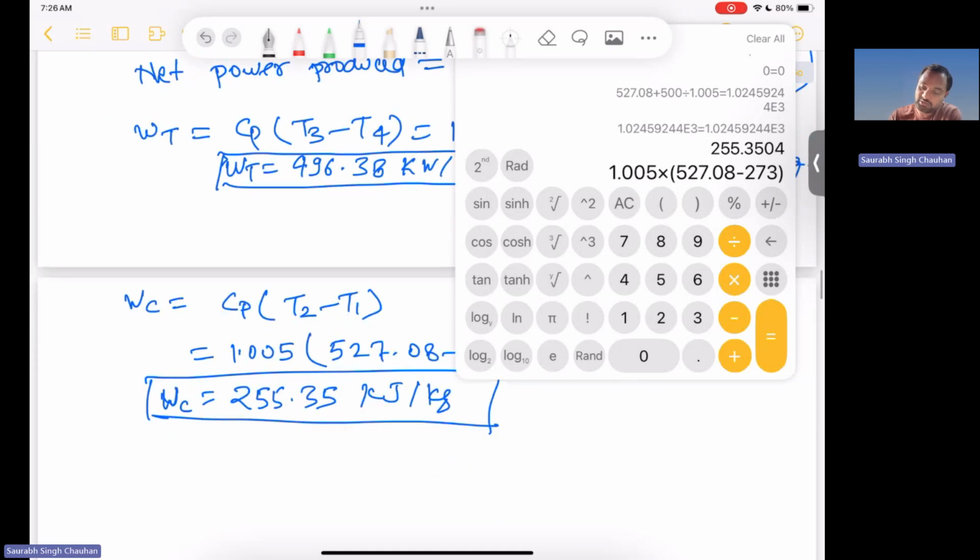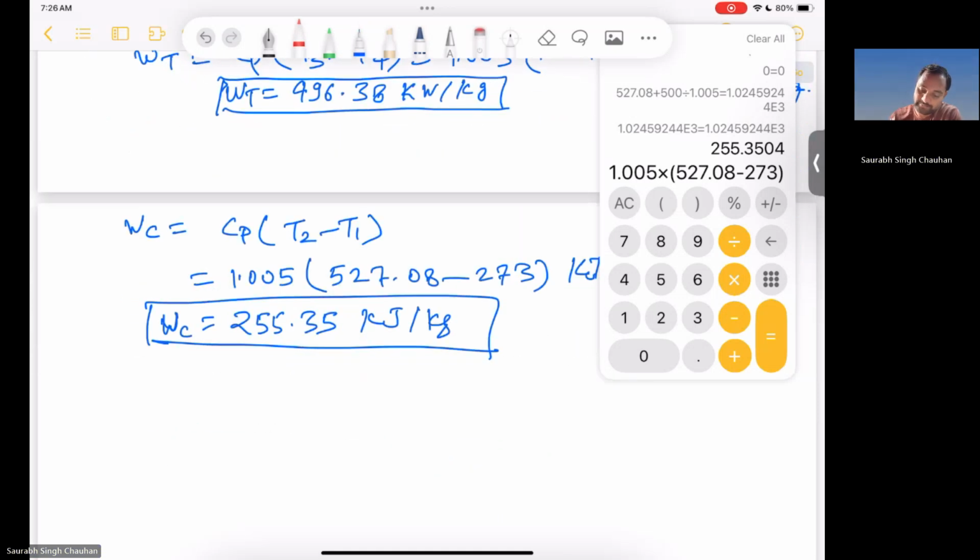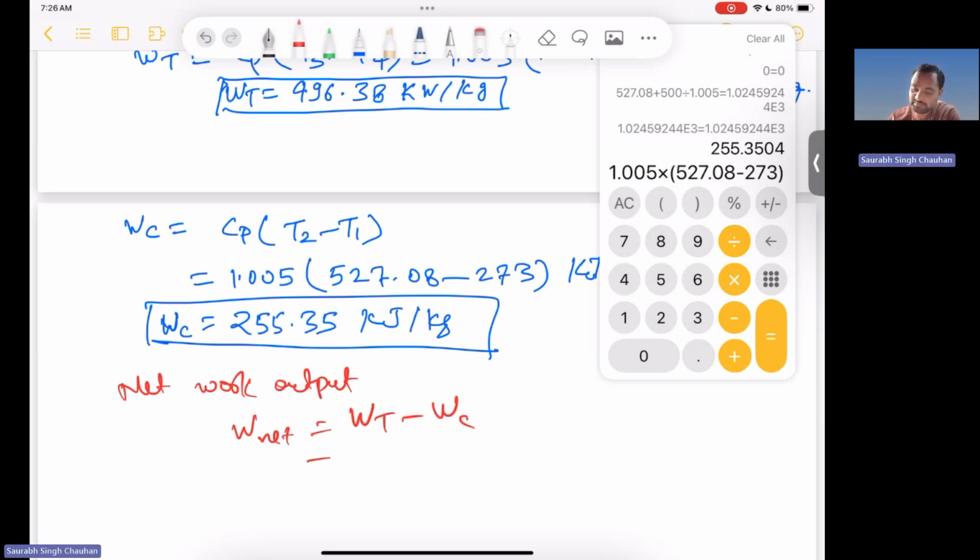So how much will be the net work output? Turbine work minus compressor work. So 496.38 minus 255.35.